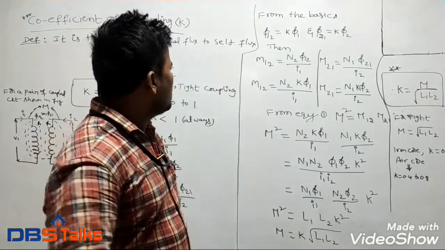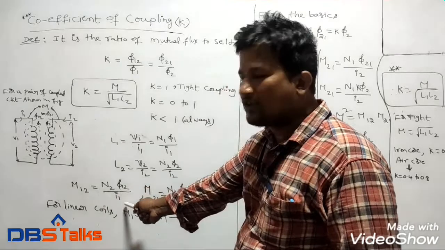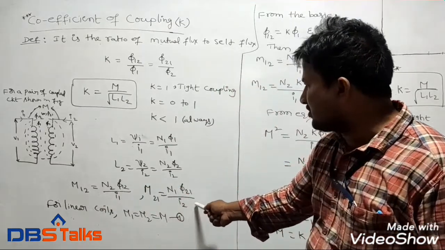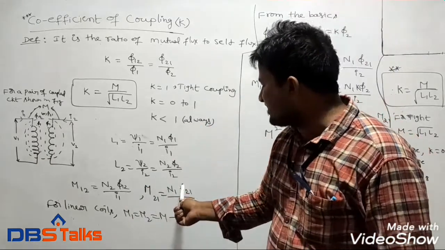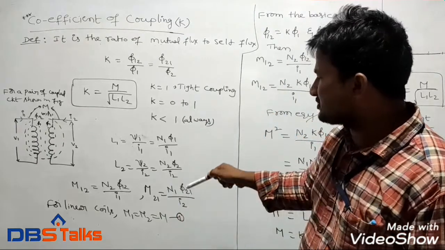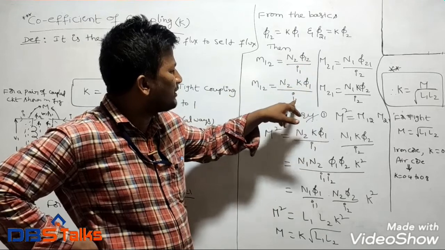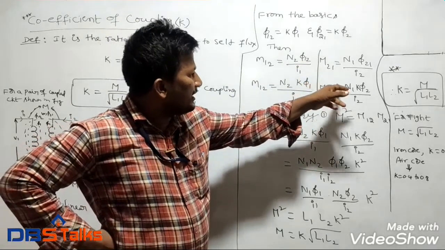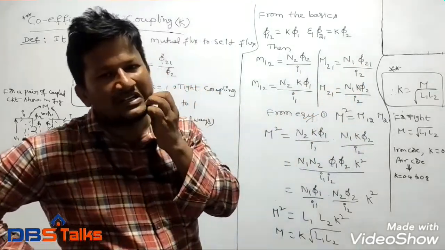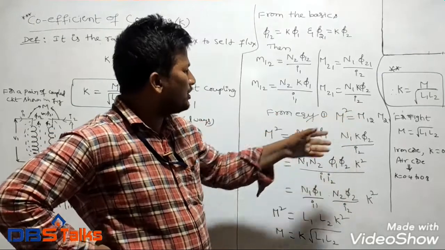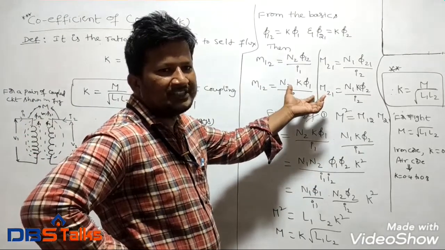Now for the mutual inductance, we know M12 equals N2 phi12 by I1 and M21 equals N1 phi21 by I2. Substituting phi12 as K times phi1 and phi21 as K times phi2, M12 equals N2 K phi1 by I1, and M21 equals N1 K phi2 by I2, and we know that M12 equals M21 equals M. Now these two must be multiplied with each other.